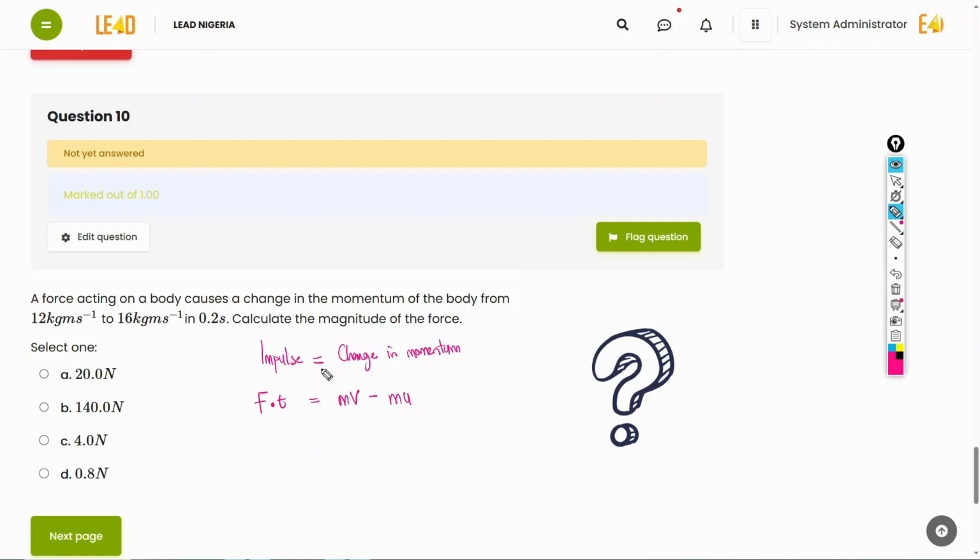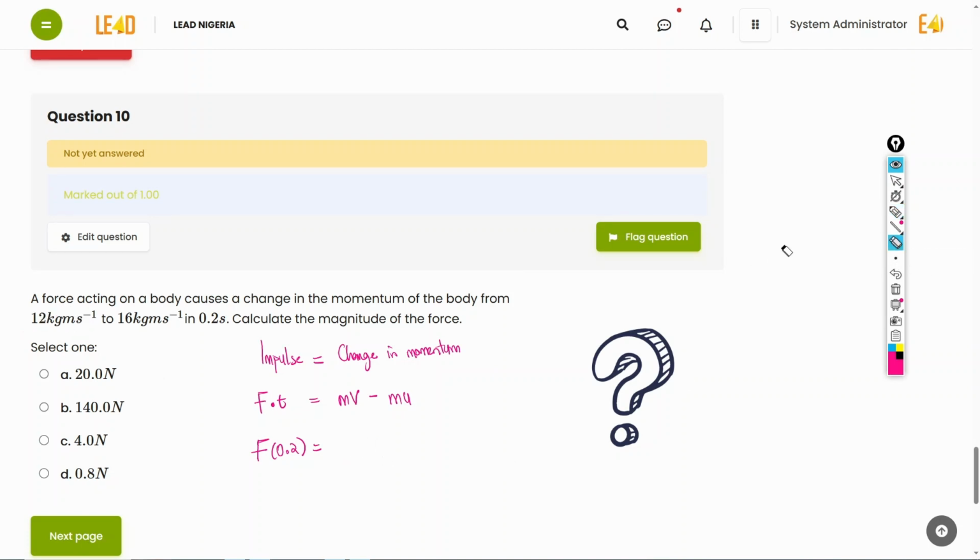So from this point, it's just plugging in. F is unknown, so F times 0.2 is equal to mv. Look at the units, mass and velocity together. So mv is actually the later one, sorry.